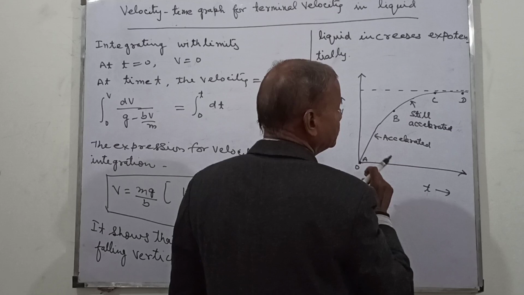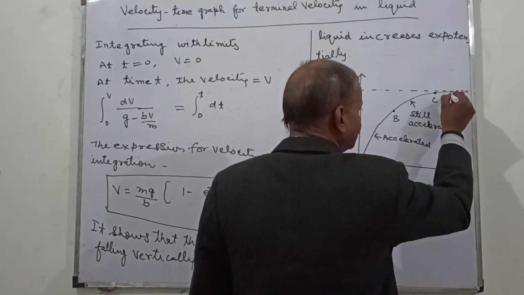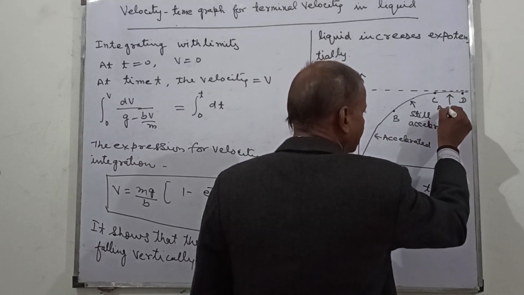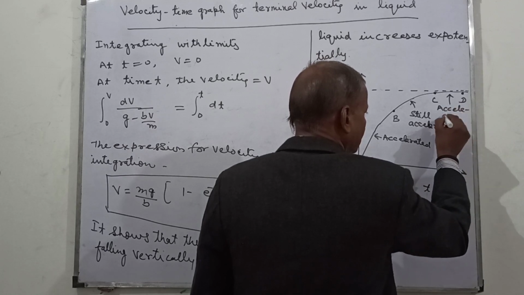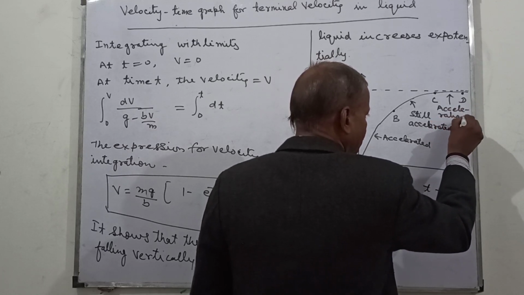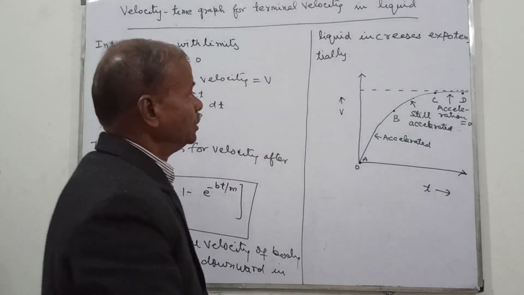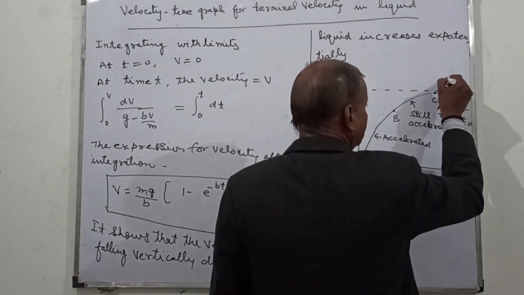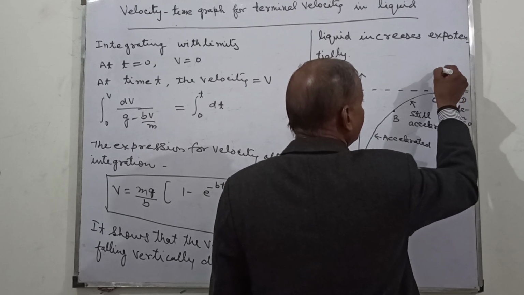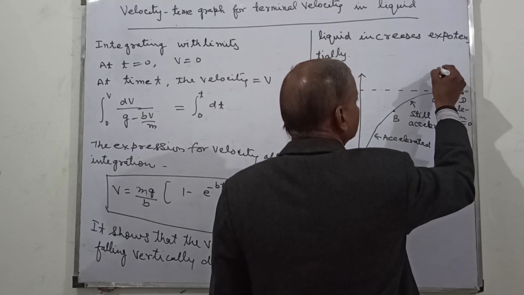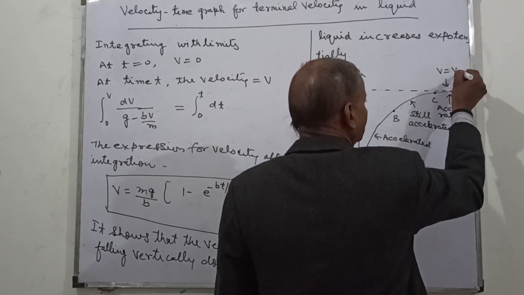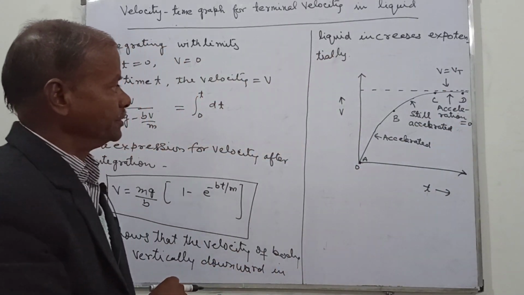And in this portion the acceleration is equal to 0, and this shows the terminal velocity. Here v equal to v_t, the terminal velocity.